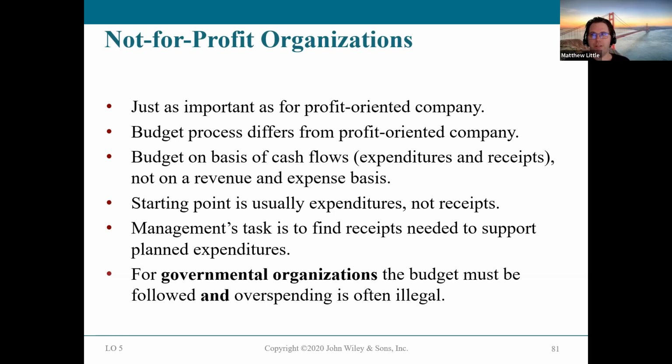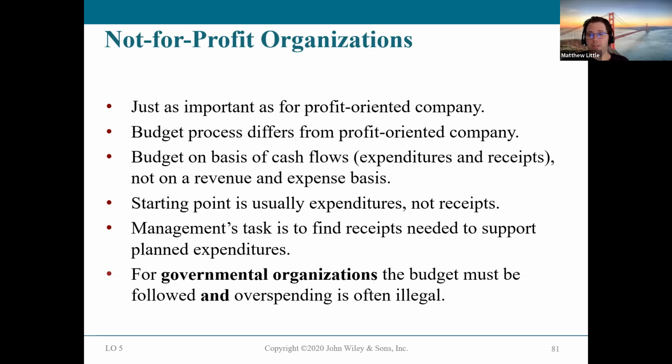Their budget's typically based on cash flows, looking at expenses and receipts, not necessarily revenue and expenses. So we look at it as a not-for-profit with a goal in mind. We need to figure out what it's going to cost to get there, being as prudent as possible, and then sort out where the revenue comes from, and hopefully they balance at the end of the day.